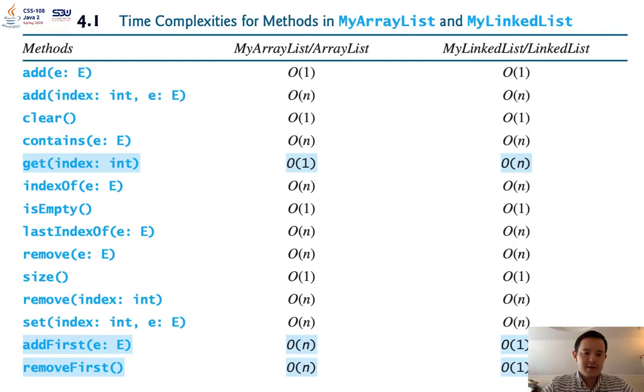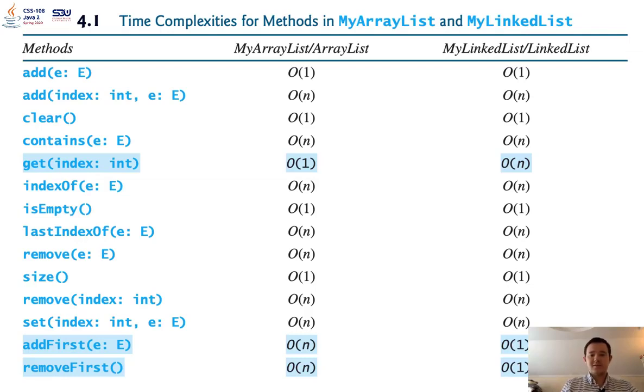When you get an element from an ArrayList, since all the elements are indexed, it takes constant time, right? So you can get any element from an ArrayList in constant time. But in linked list, since you don't know the index of the element, you need to go up until that element by using those links.